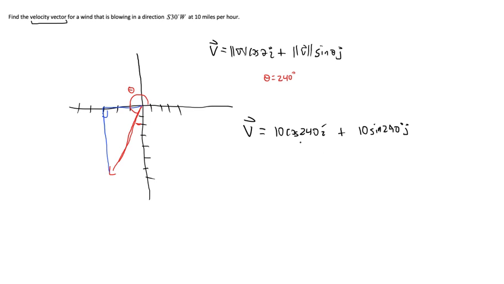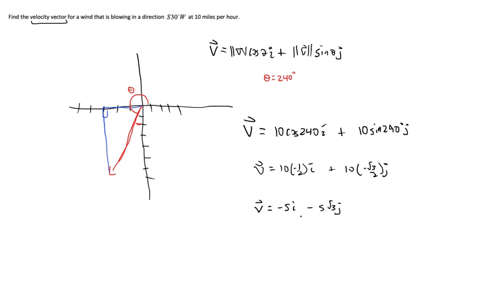Well, we know what the cosine of 240 degrees is: that's negative 1/2. So we get 10 times negative 1/2 i plus 10 times the sine of 240, which is negative root 3 over 2, times j. So our final answer, the velocity vector, would be negative 5i minus 5 root 3 j.